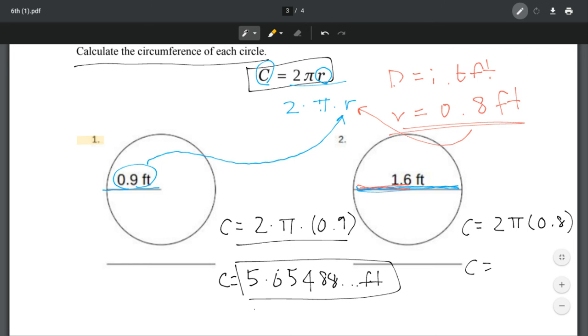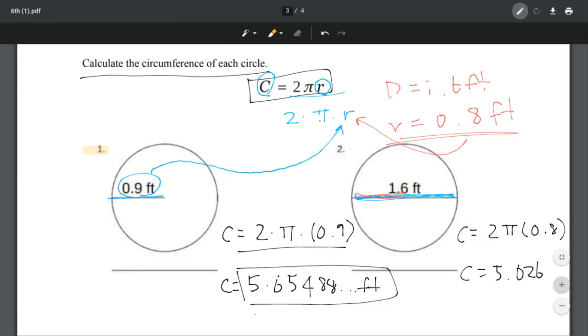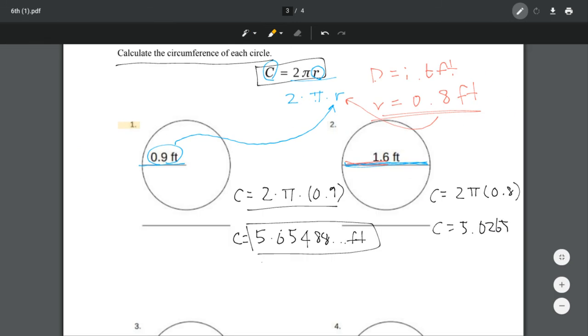And then if we plug that into our calculator, we get 5.0265 something feet. Okay, so that's our answer.